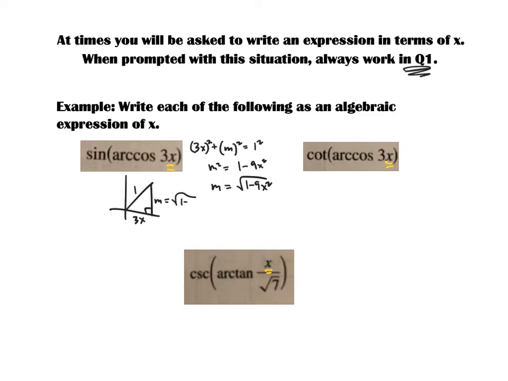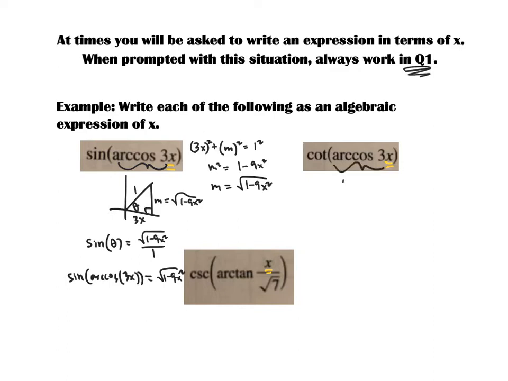This is theta, which I'll call this angle. I want the sine of that angle. The sine of that angle is the square root of 1 minus 9x squared over 1. So I have found that the sine of the arc cosine of 3x is equal to the square root of 1 minus 9x squared.